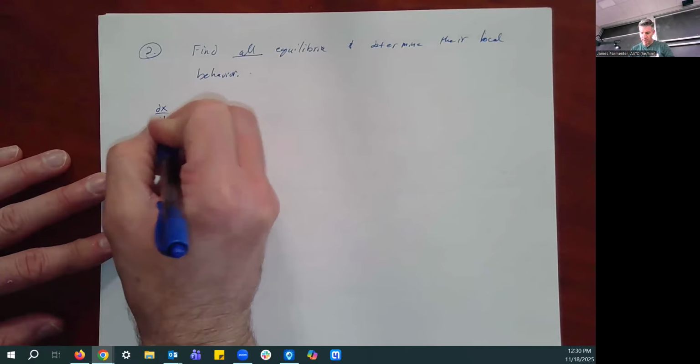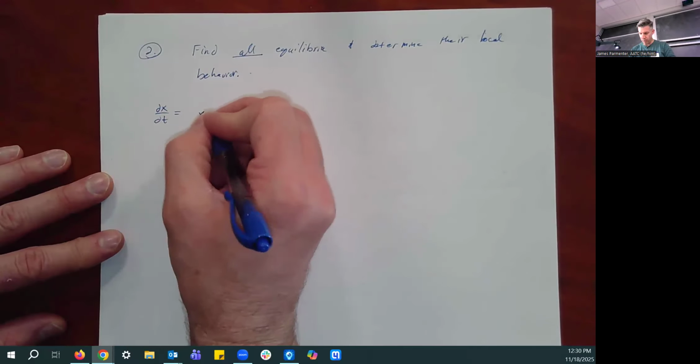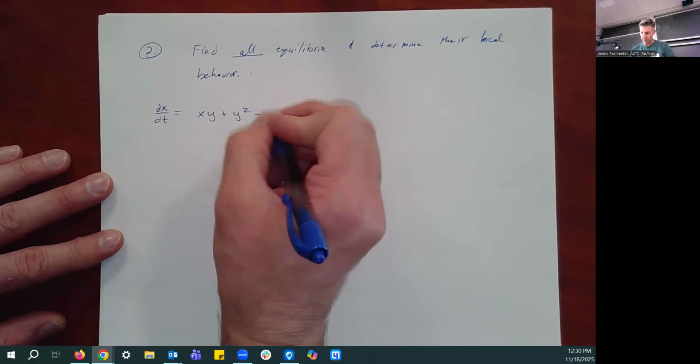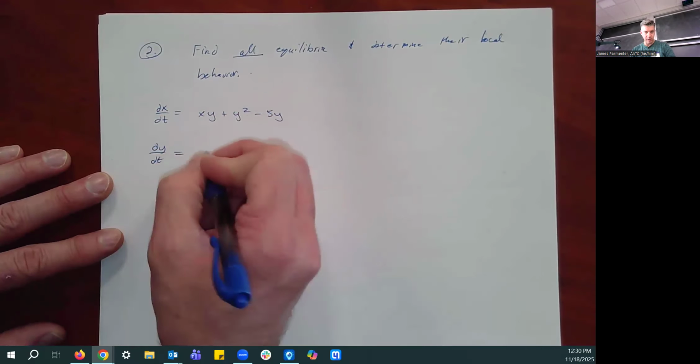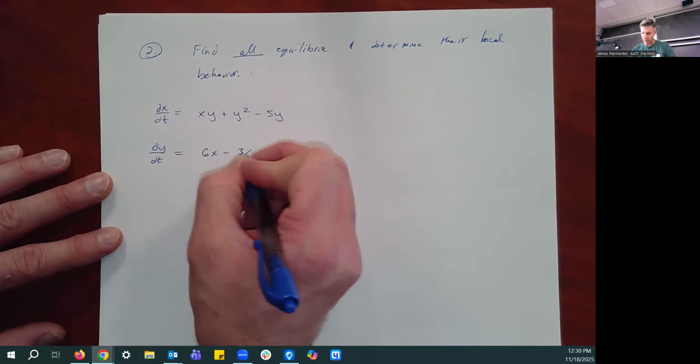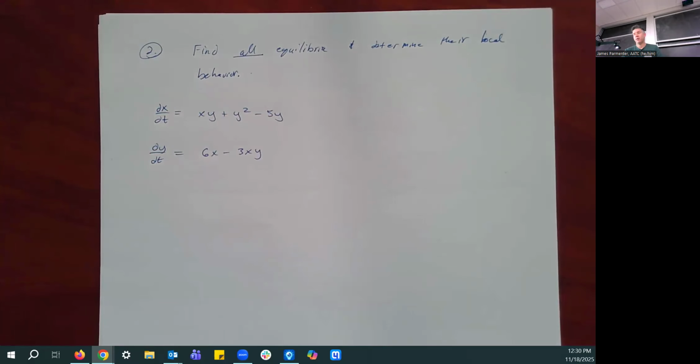dx/dt is equal to xy plus y squared minus 5y, and dy/dt is equal to 6x minus 3xy. And so, of course, to find the equilibria, we're going to set each of these equal to 0, and then we're going to try and deal with the one that's easier first.